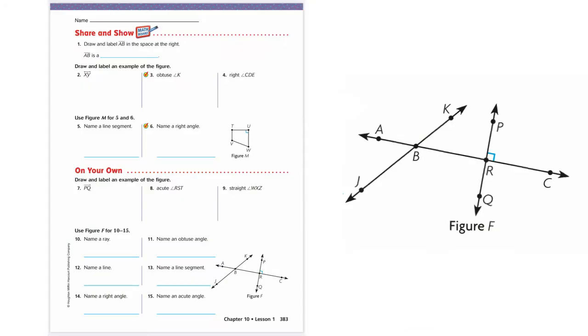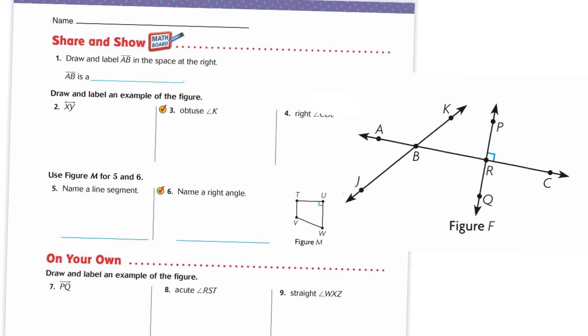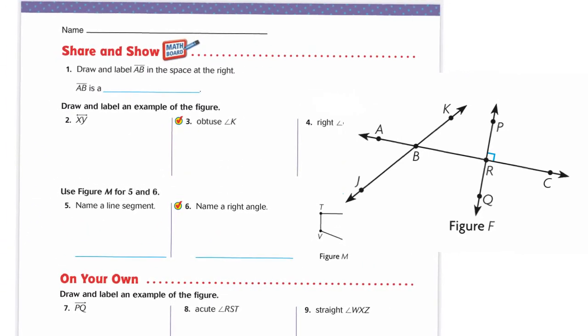Let's go ahead and look at page 383, the share and show. We're going to quickly go through the top section, and I really want to focus our efforts on the on your own. So when we look at the share and show piece, it says draw and label line segment AB in the space at the right.